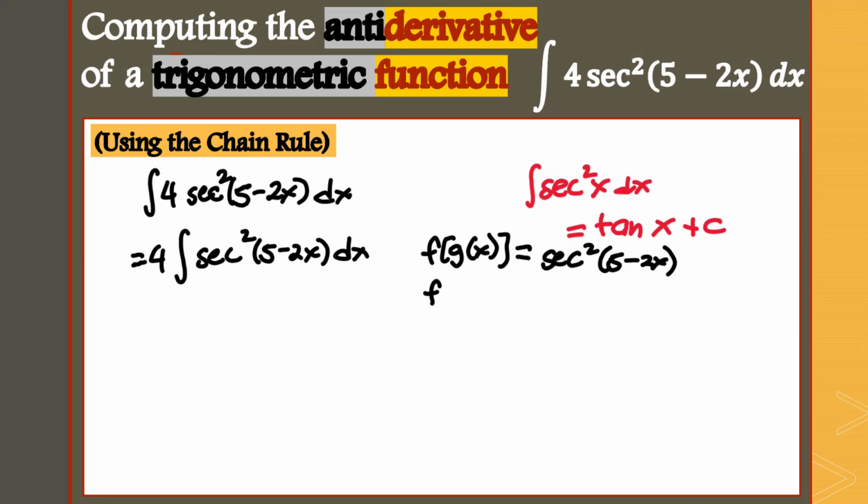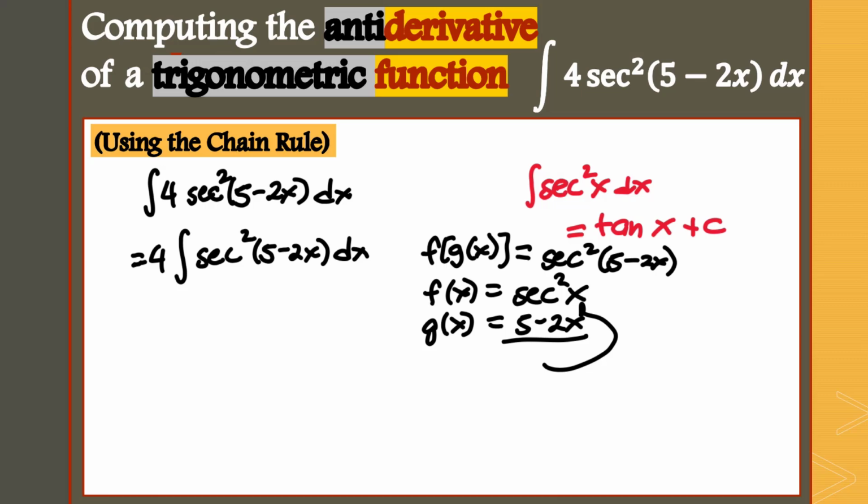That would mean we can say that our f of x would be the square of secant x, and our g of x would then be the angle 5 minus 2x. When we include that as the x value of our f of x, we come up with the composite function, which is the same as the original form. So obviously, the chain rule will be used.